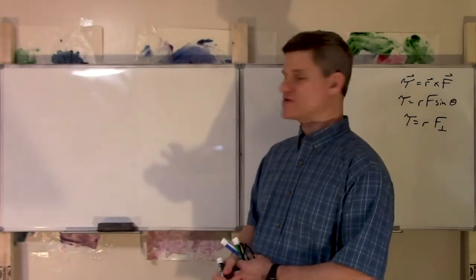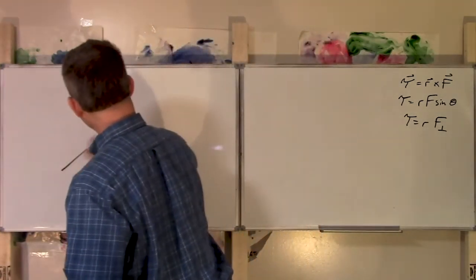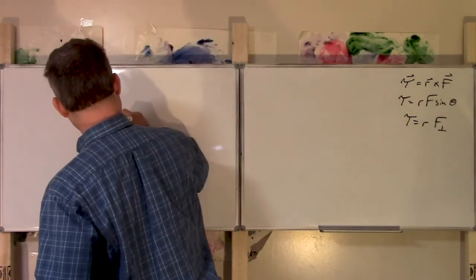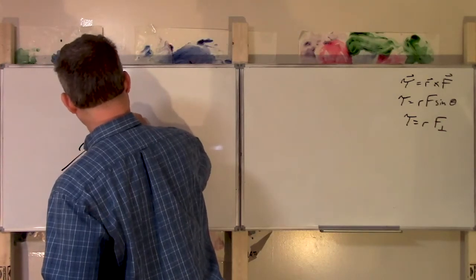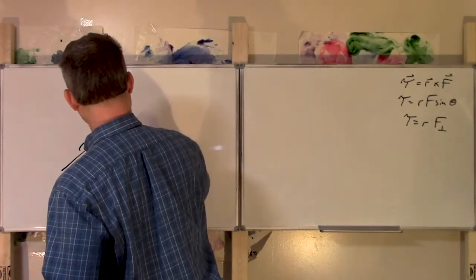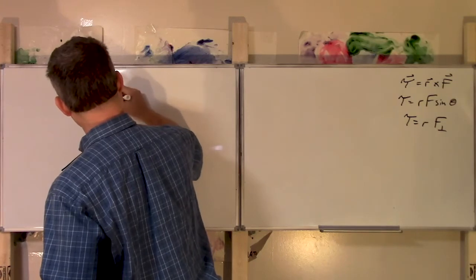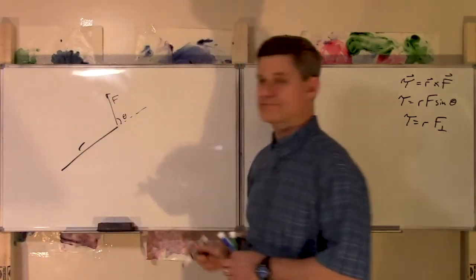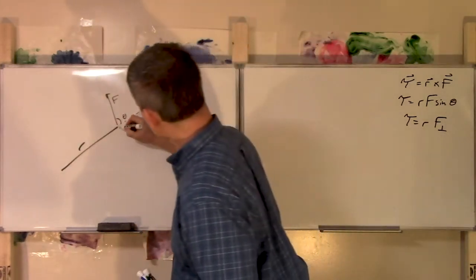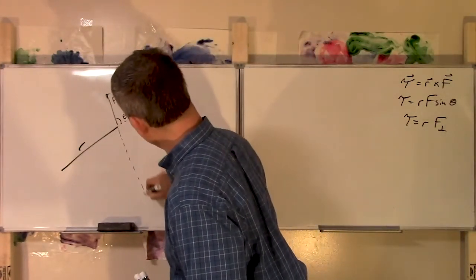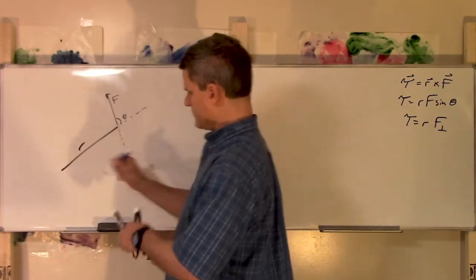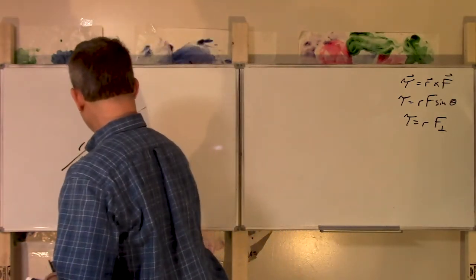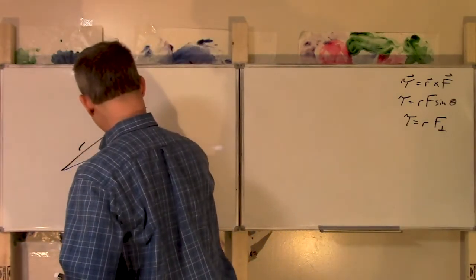Now for the other expression, let's draw an R and an F with some angle in between them. Here we want to extend the line of F, and draw a line from the pivot point to this line so that it's perpendicular.